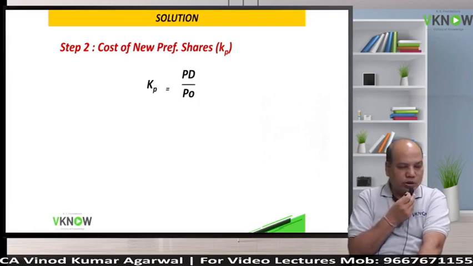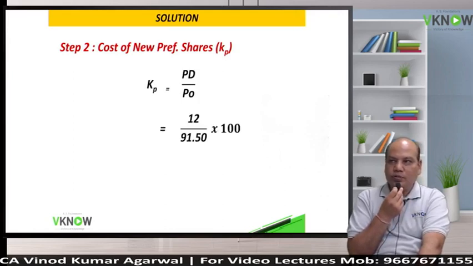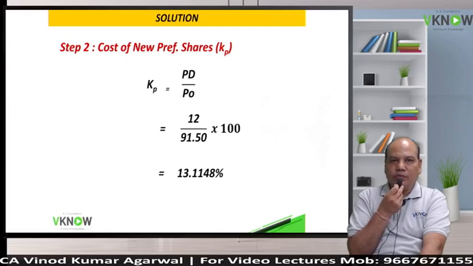Preference dividend on the new preference share would be 12 rupees and its price is 91.50. So divide by 91.50, multiply by 100, you will get 13.1148%.